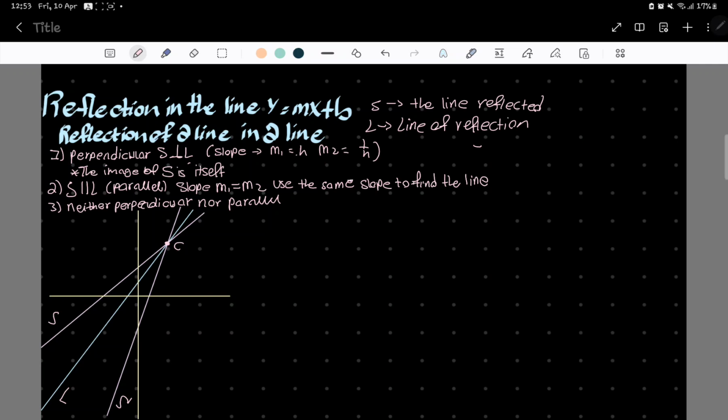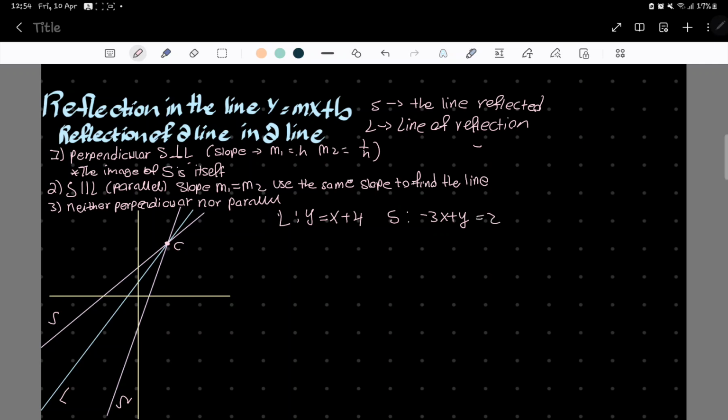So let's work through this in an example. We are given the line of reflection and also the line that we're reflecting. The line of reflection is y equals x plus 4, and S is equal to minus 3x plus y equals 2.